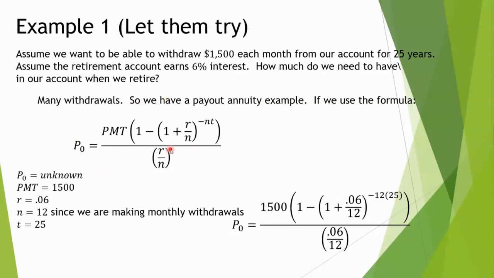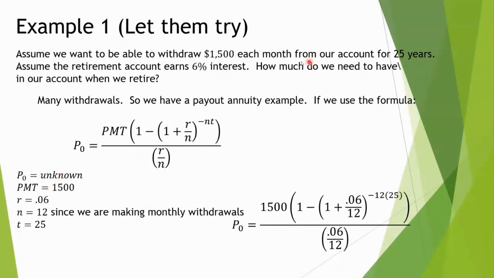Well, we have to figure out what our parameters are. We have a word problem here, so somehow we want to figure out what the parameters are. Again, we want to withdraw $1,500 per month. So that's our PMT.